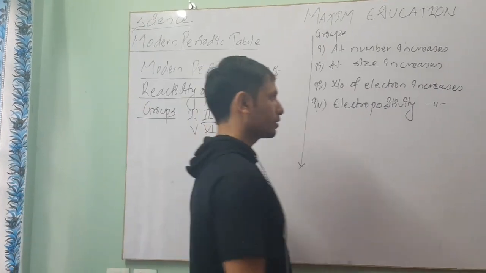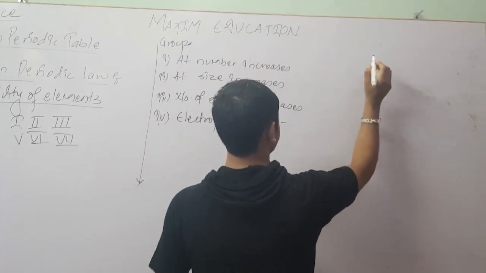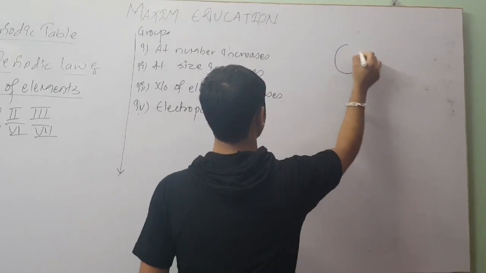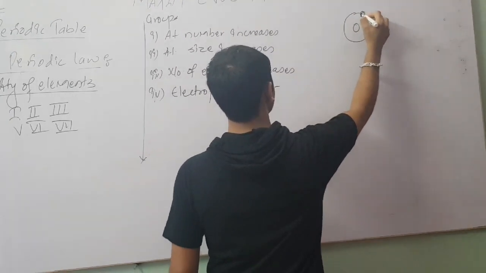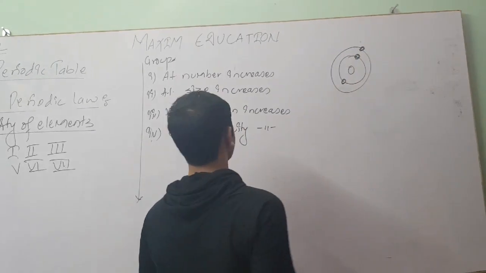Look here, just a short demo over here. This is lithium. The atomic number of lithium is 3. 1, 2, 3. Lithium. Then sodium.